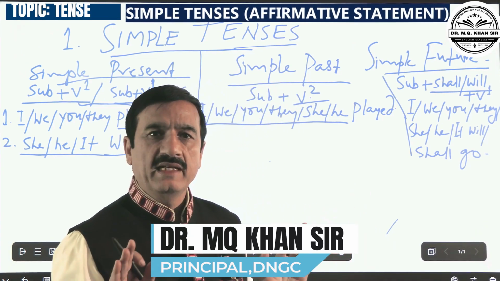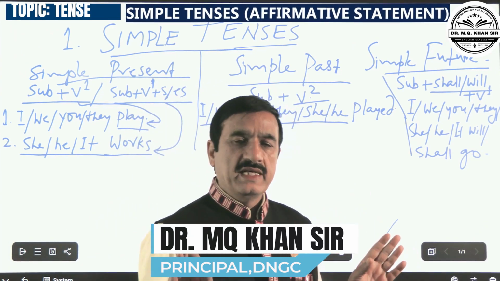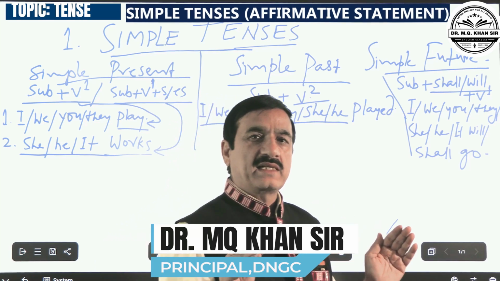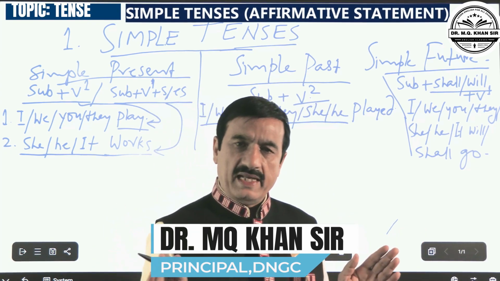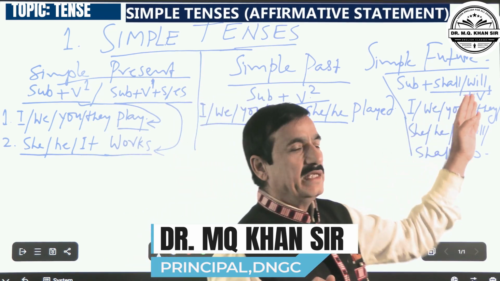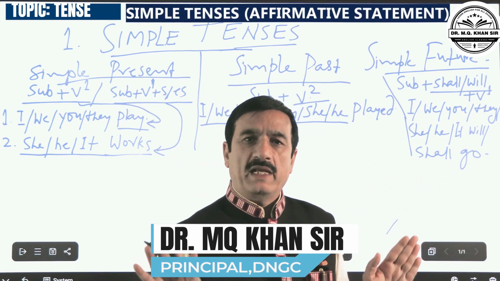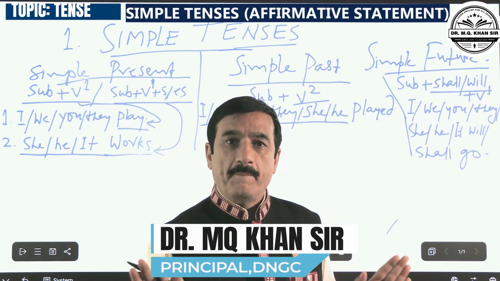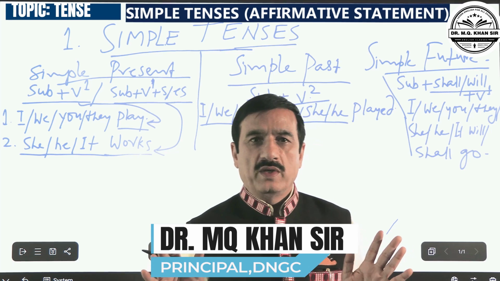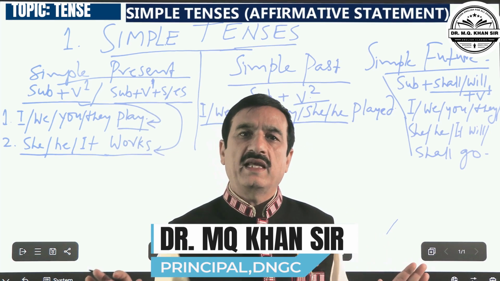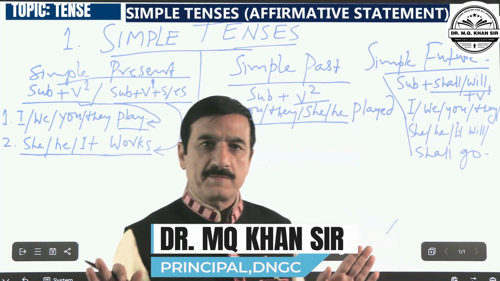Means with first person usually shall is used, and when subject is second person, third person singular or plural, in that case will is usually used, means normally used, commonly used. But both can be used identically also. There shouldn't be any confusion in mind of students and aspirants.